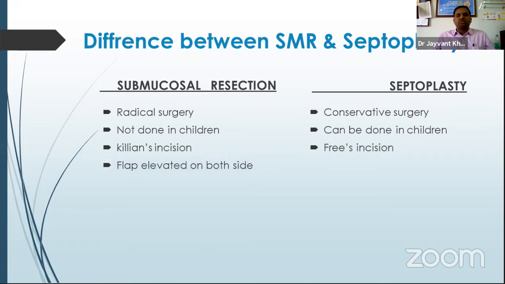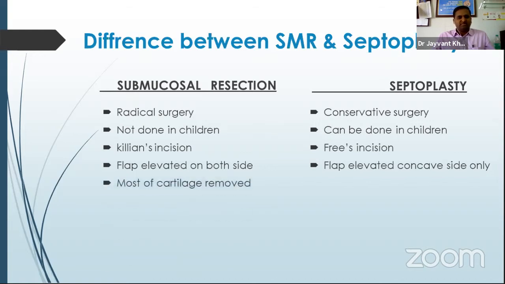In submucosal resection, flaps are elevated on both sides. In septoplasty, the flap is elevated on the concave side only, or one side only, the deviated side only. In submucosal resection, most of the cartilage is removed. In septoplasty, most of the cartilage is preserved.